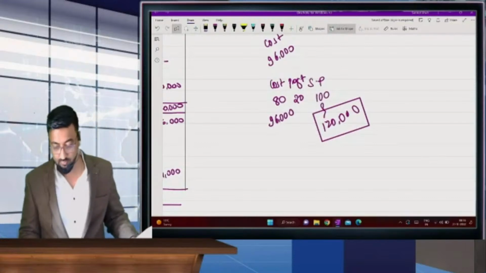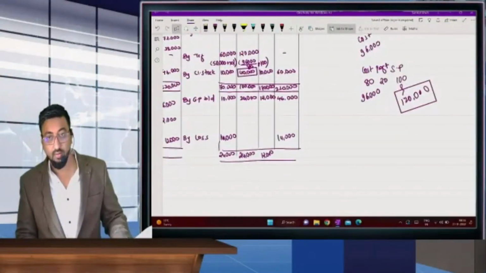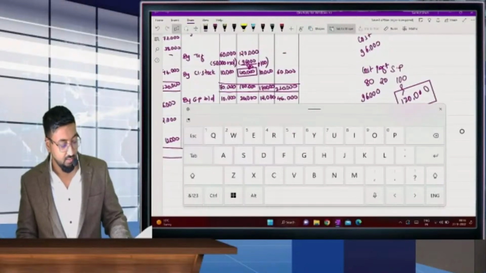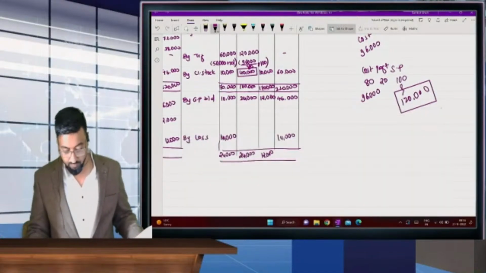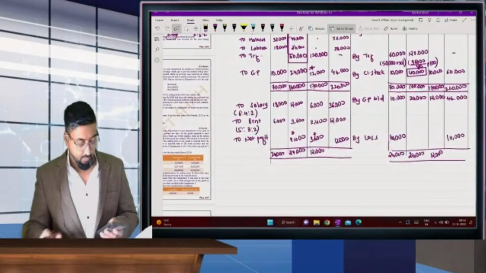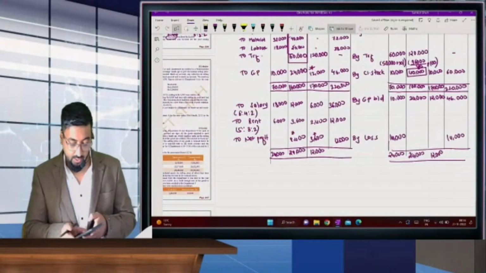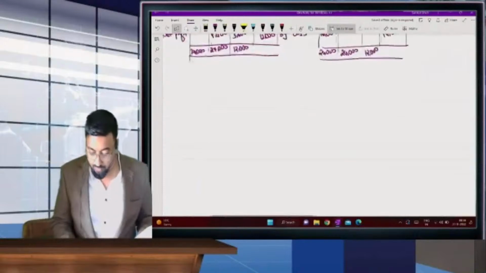1,20,000. Till now easy, beta. Okay. Now P and L account.